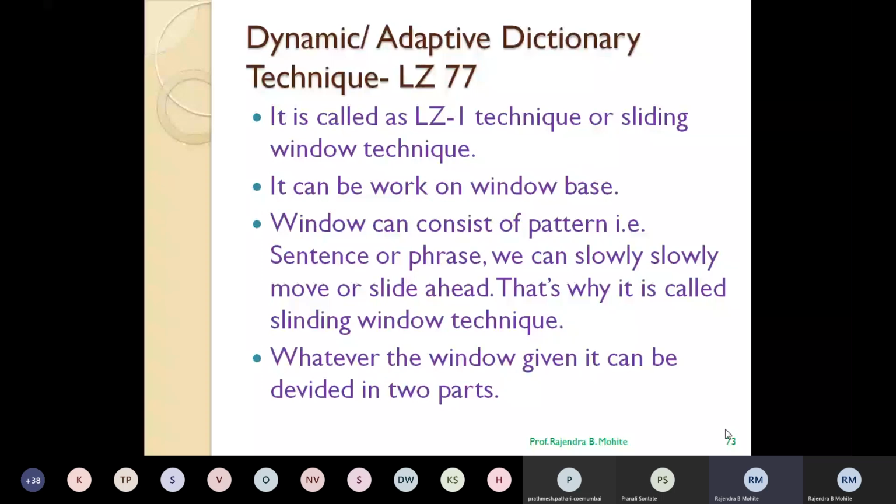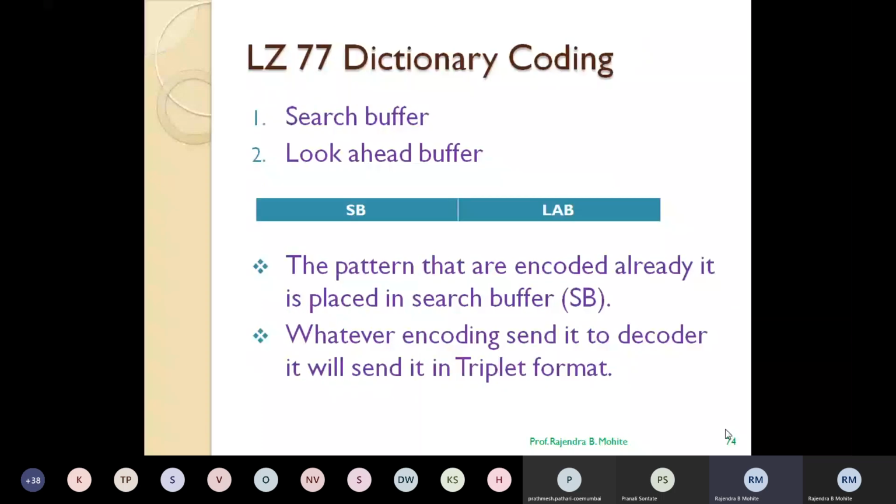The size of the window is 13 bits, divided into the search buffer and the look ahead buffer. The look ahead buffer is represented as LAB and the search buffer as SB. The look ahead buffer has a fixed size of only 6 bits.